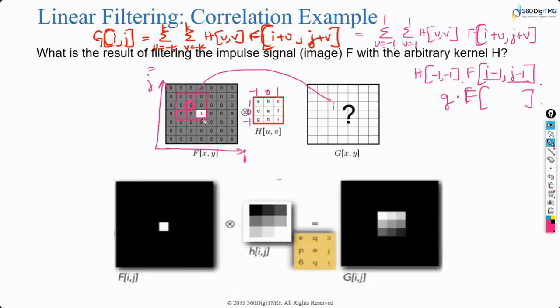Here, if I take this 1, with what is it getting multiplied? Let's see. Minus 1 to plus 1, minus 1 to plus 1, h of u v, f of i plus u, j plus v.